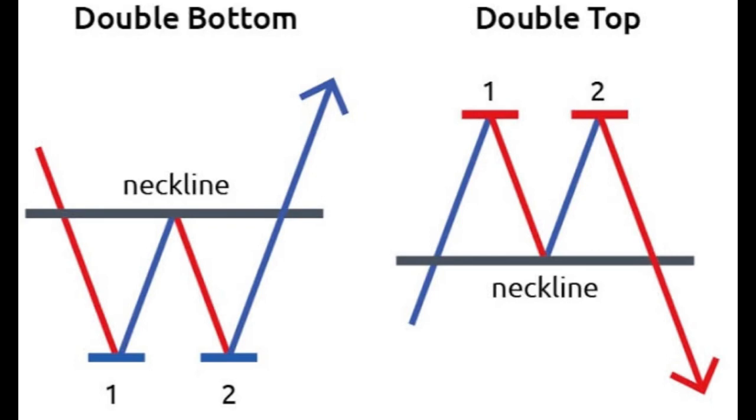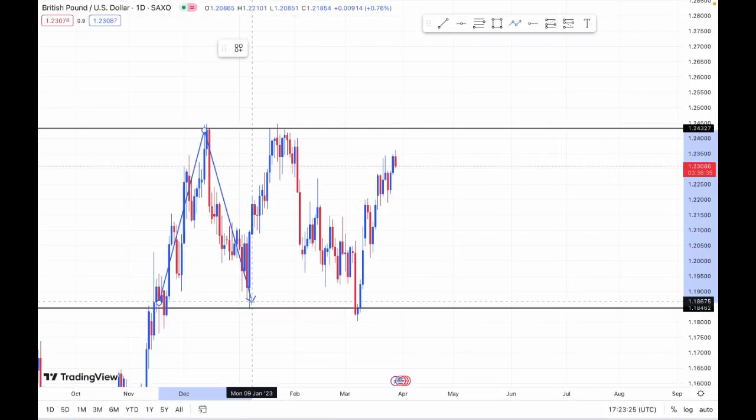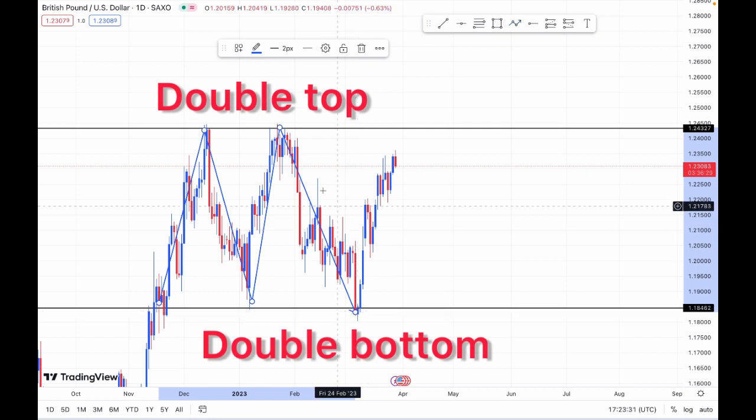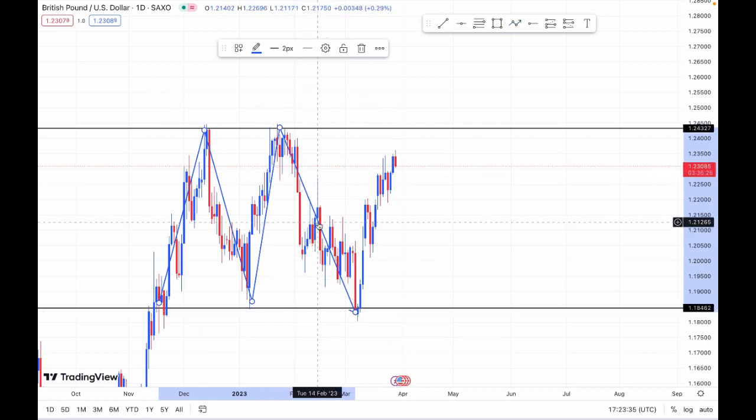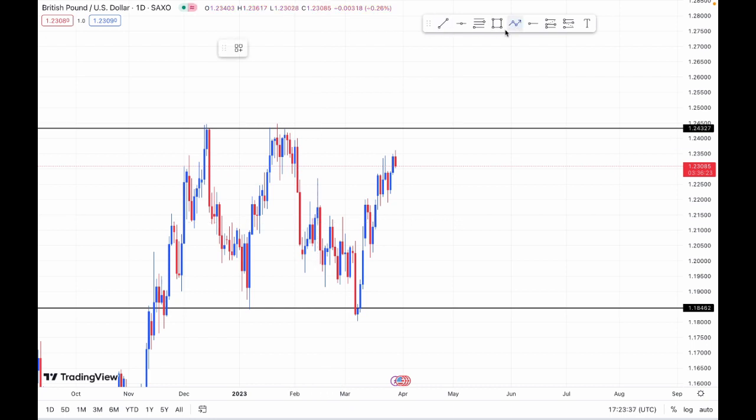It's basically when the market makes an M and then it falls the opposite direction, right? As you can see, it made an M and it fell down, right? From this point it made an M and then fell down. And then same thing for double bottom, it makes a W and then it pushes upwards, right?